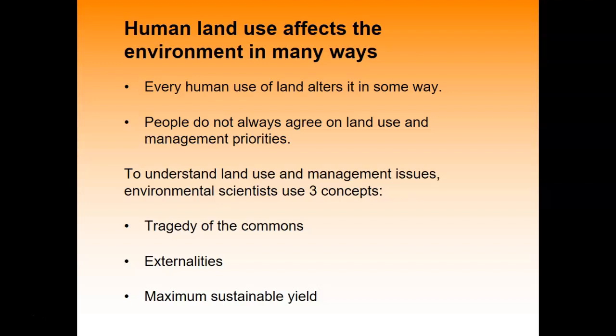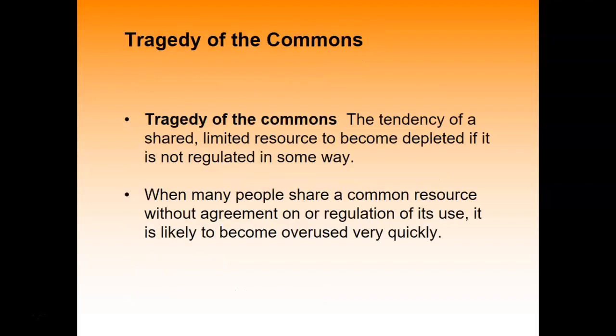So we need to think about three different things that correlate with each other, and we'll look at each of them here individually. Tragedy of the commons. If you remember the lab that we did fishing for fish, it takes effort and it takes communal effort to maintain a population of common goods. Okay.